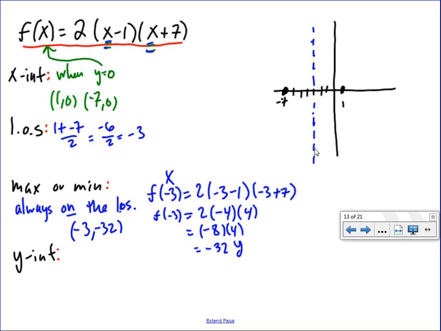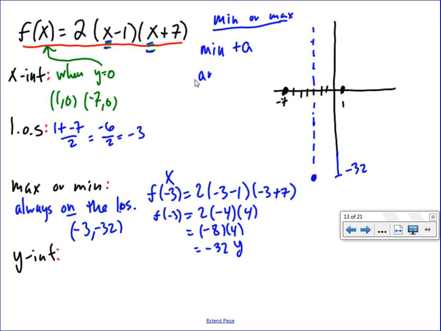Let's just estimate it here: negative 32 is way down here. There's my minimum. Another reason I know it was going to be a minimum is all about that a value. If you're going to decide between min or max, it's something we haven't hit a ton, kind of a review topic from before, but if it's going to be a minimum, that means it has to open up. That means you have a positive a value.